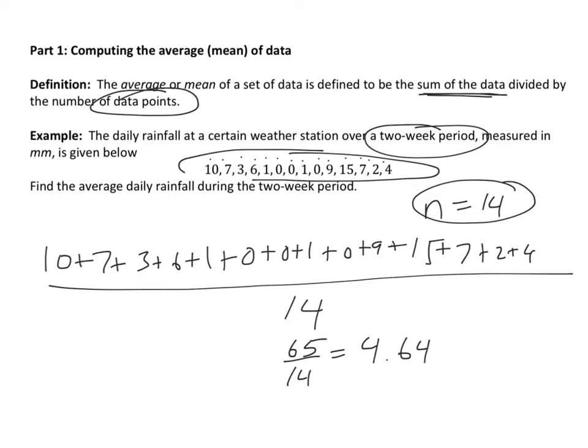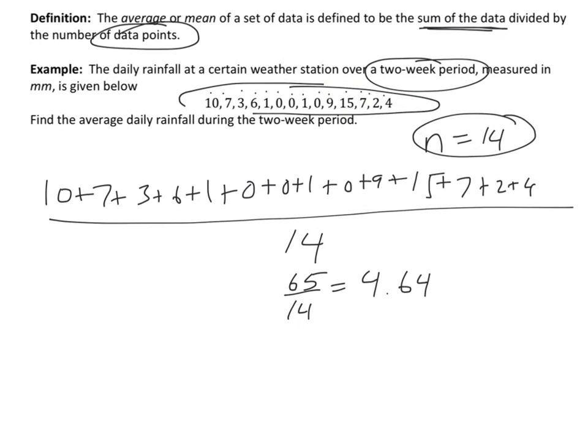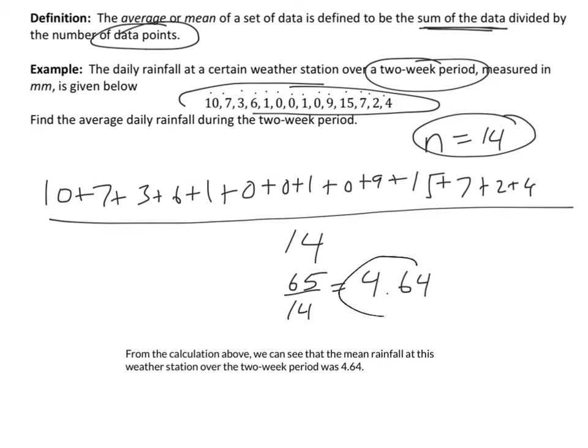which means I got 4.64. And if I was going to use this somewhere, I might say something like, the mean rainfall over this 2-week period was 4.64 millimeters. Now, I want you to notice, because part of what we're doing is talking about scientific writing, that when I finished this, I didn't just say 4.64 circled, or average equals 4.64.